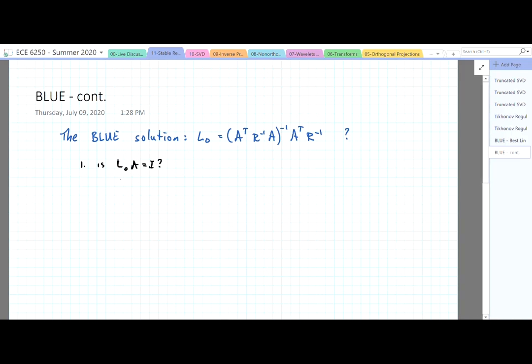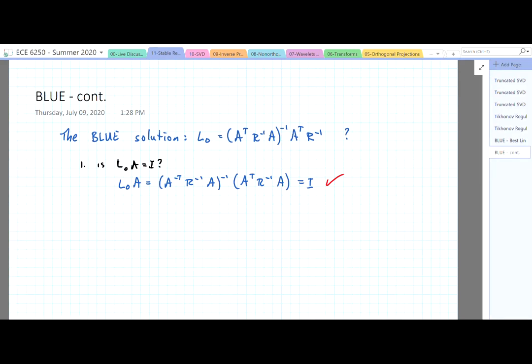And sure enough, L not A is equal to A transpose R inverse A inverse A transpose R inverse, and now times A. And that is indeed equal to the identity matrix. So far so good.